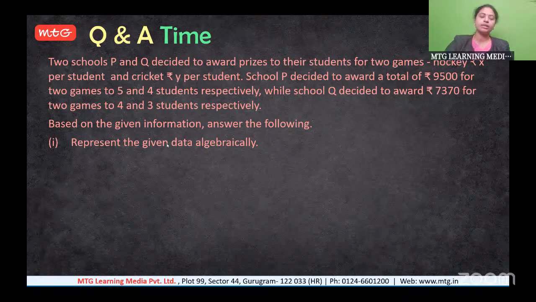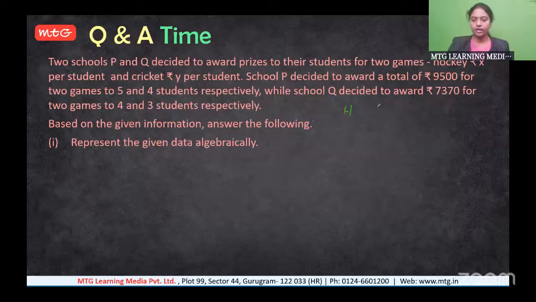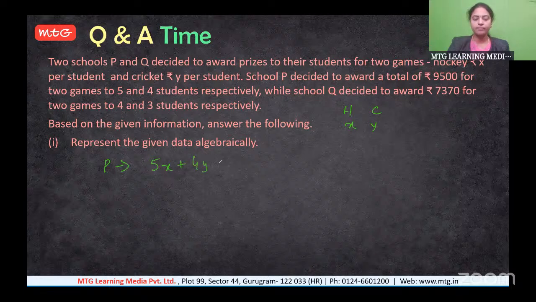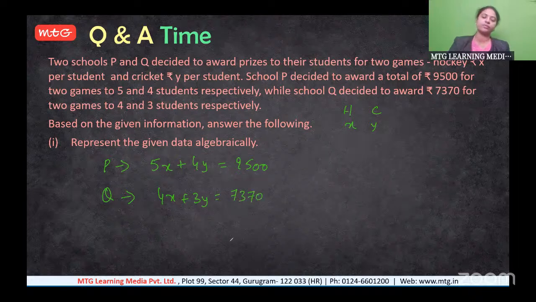So if we consider X and Y as the cost or value of the prize for hockey and cricket, then from school P you get a scenario where 5 students of hockey and 4 students of cricket will ultimately get an amount of 9,500. In the same way in school Q, 4 students are playing hockey and 3 students are playing cricket, making up a prize amount of 7,370. So these are the two statements that you get from this.